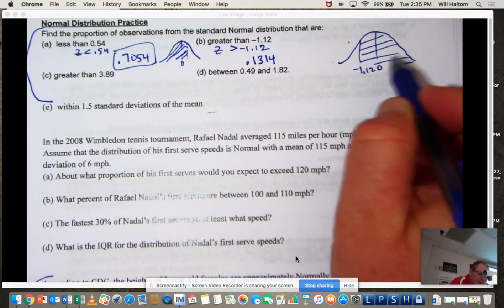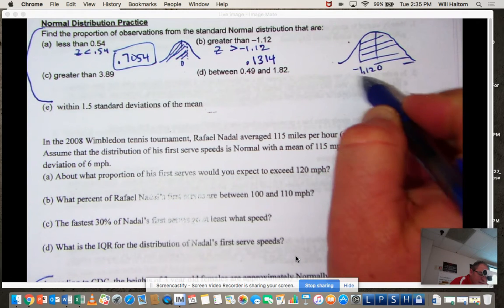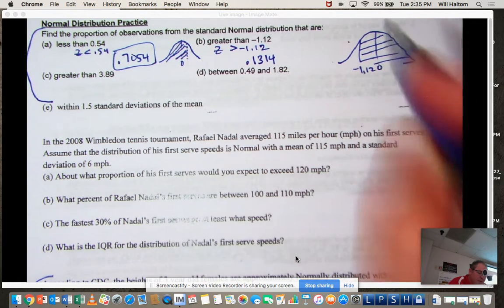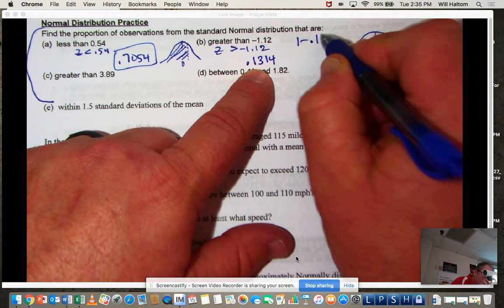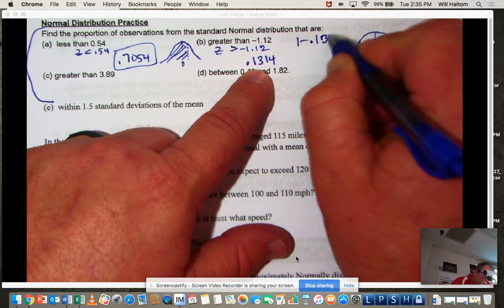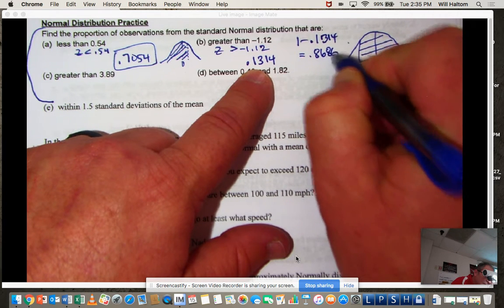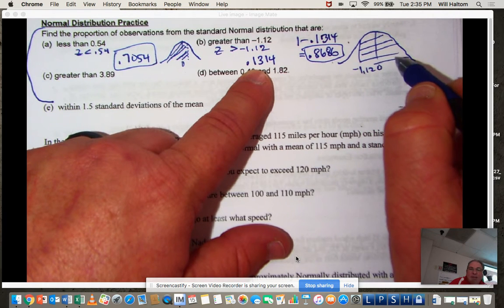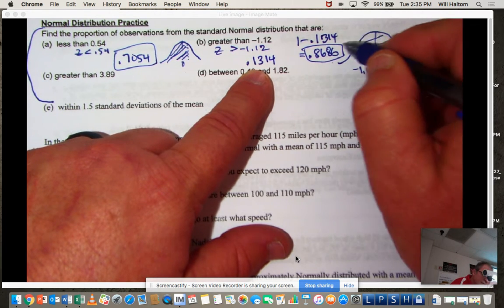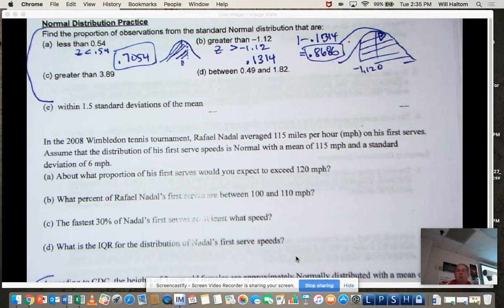So what that table tells me is this percent over here, which is less than negative 1.12. So what I need to do is take that value and subtract from 1. I get 0.8686. Now that looks a whole lot more like 86% than it does 13%. Right? So that's the 86%.